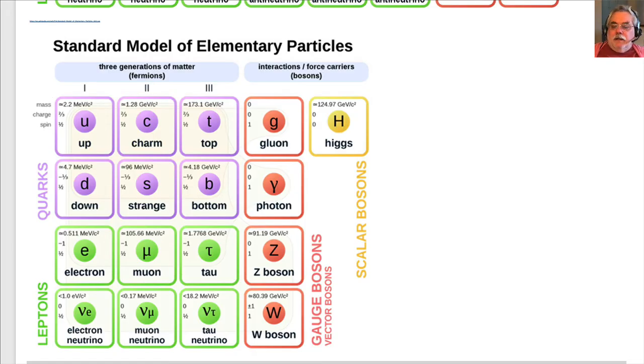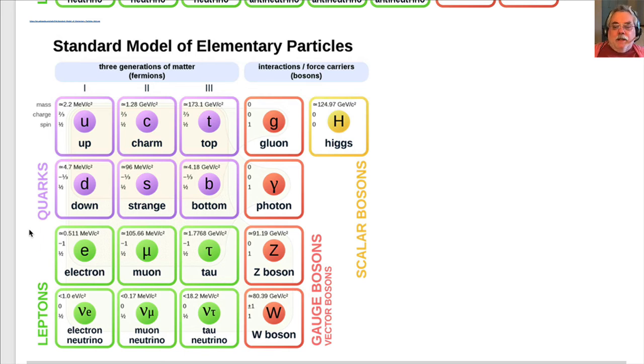Conservation of lepton number. Lepton number is the number of matter leptons minus the number of antimatter antileptons. Lepton number is conserved in every interaction since the first minute after the Big Bang, or that's what physicists believe.